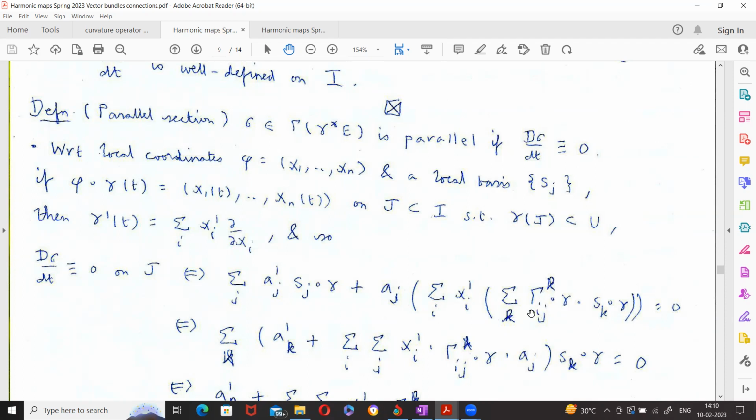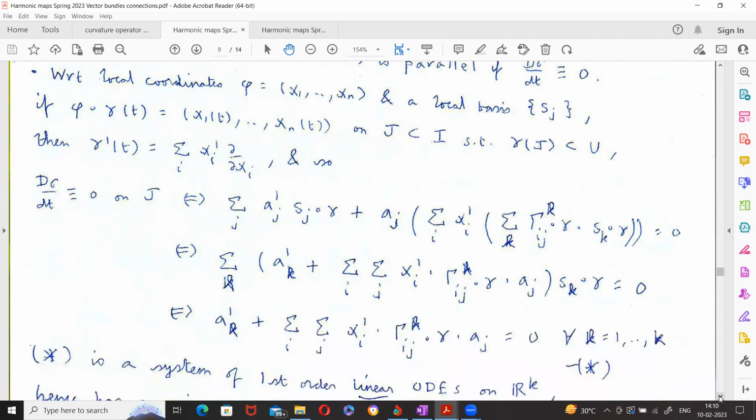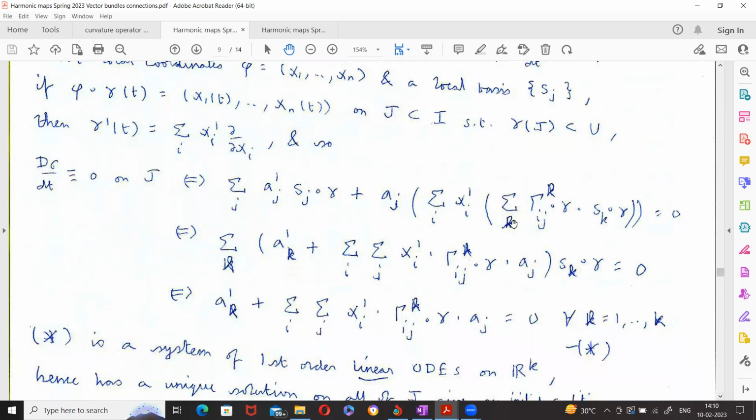So that will become a sum over k of gamma ij k times Sk, both composed with gamma. Now you can take this sum over k outside, and then this becomes a sum of Sk composed with gamma times the coefficients ak prime plus the sum over i and j of xi prime times gamma ij k composed with gamma times aj.